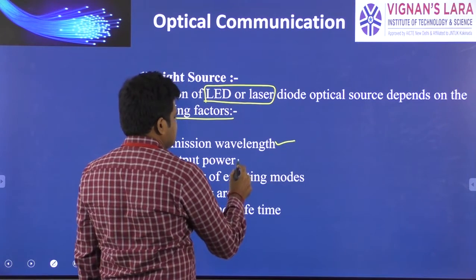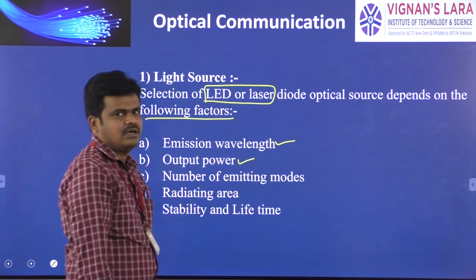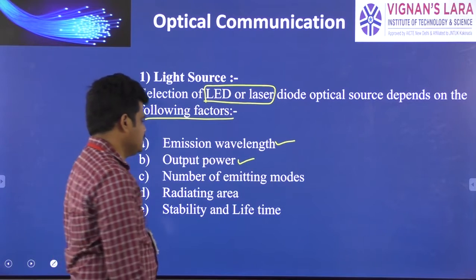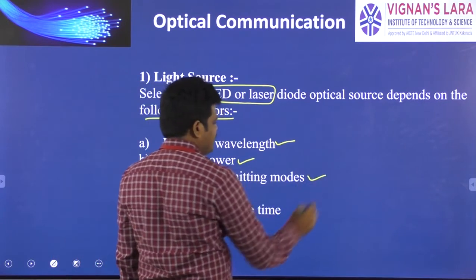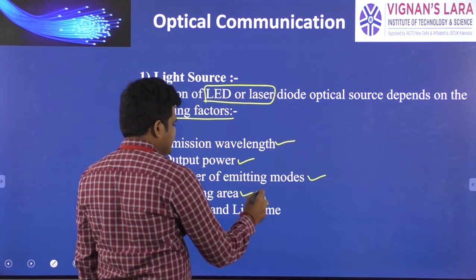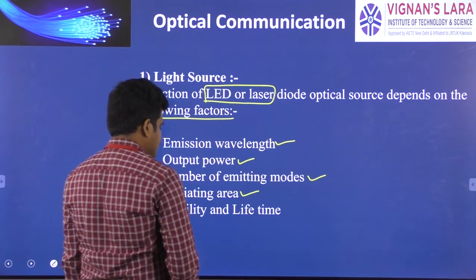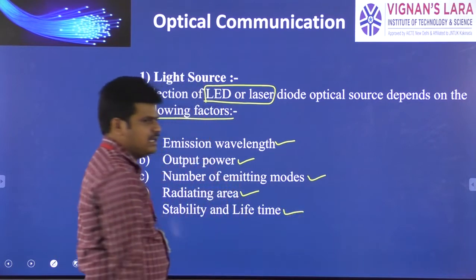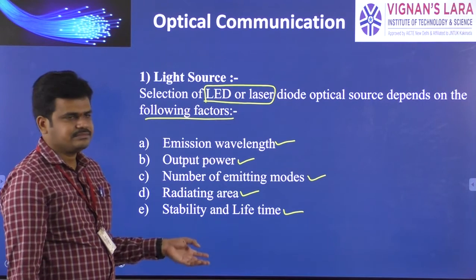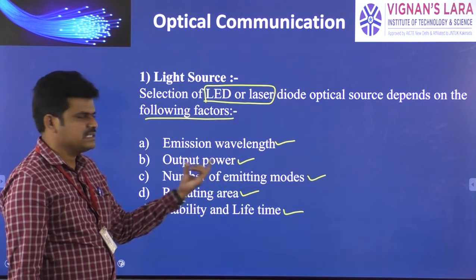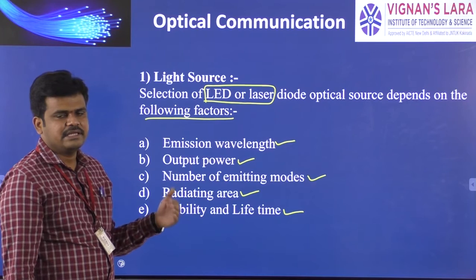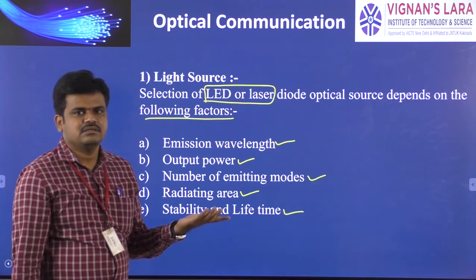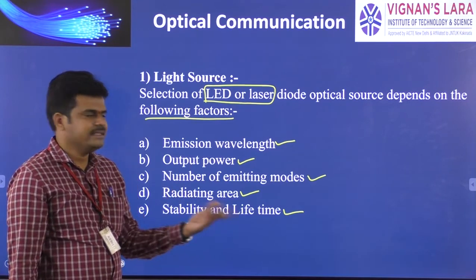The second one is the output power produced by the optical source. The third one is the number of emitting modes, another one is the radiating area, and the last one is stability and lifetime. So what is the amount of output power produced by the optical source, LED or laser?